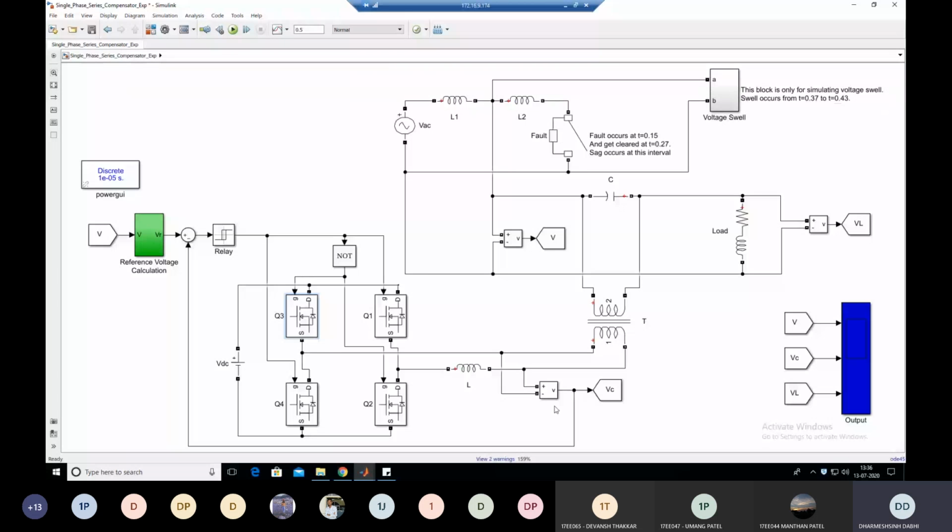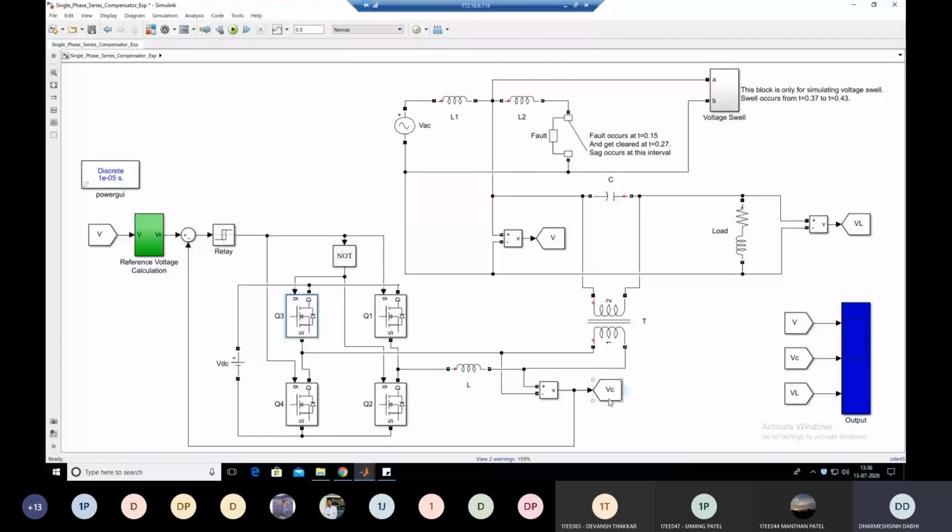So here you can see the output of this inverter. Here we measure the voltage, which is nothing but the compensating voltage. So how does this DVR provide the compensating voltage, and what is the magnitude of this compensating voltage? That is measured by this voltage VC, which is nothing but the compensating voltage.